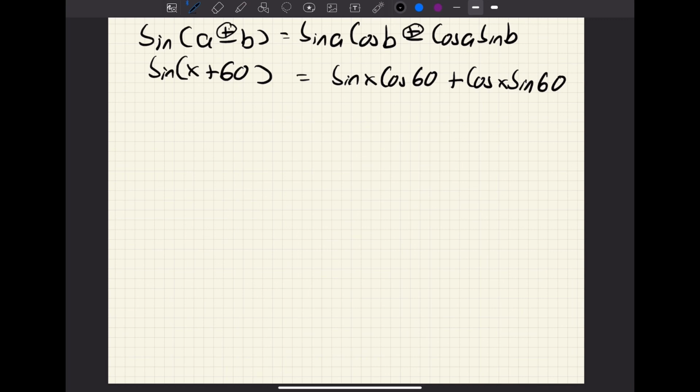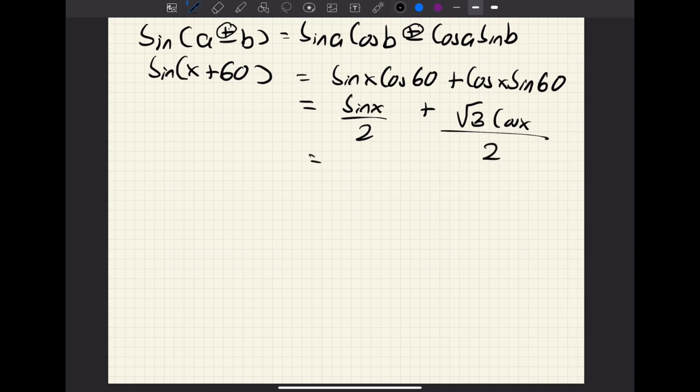Okay, so cos 60 is equal to 1 by 2. So that is 1 by 2 sine x, or a better way of writing that would be sine x over 2. That's basically the same thing. Sine x over 2 plus, and sine 60 is equal to under root 3 by 2, so under root 3 cos x over 2.